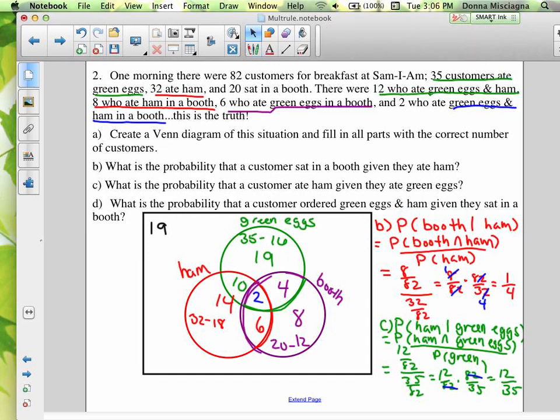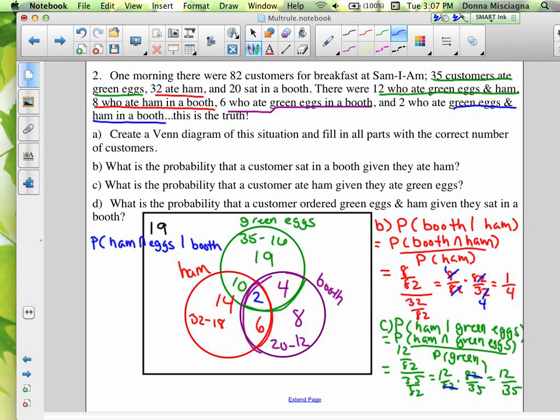And then finally, let's do the last one, which is: what's the probability that a customer ordered green eggs and ham given they sat in a booth? So this one, we've never had a conditional probability like this one. This is the probability of ham and eggs given Booth.